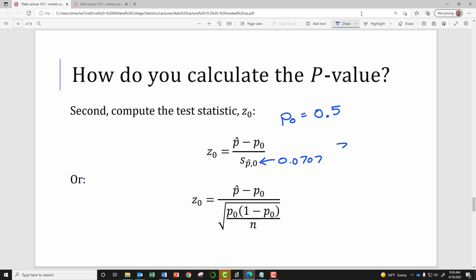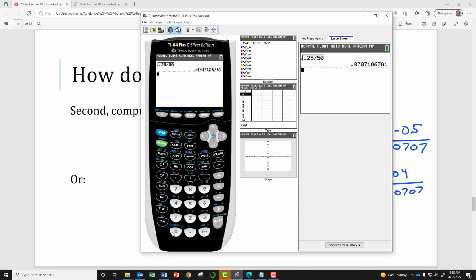So for us, Z naught is going to be p hat, which is 0.54, minus 0.5, divided by 0.0707. So this is going to be 0.04 divided by 0.0707, so something a little bit more than half: 0.566.